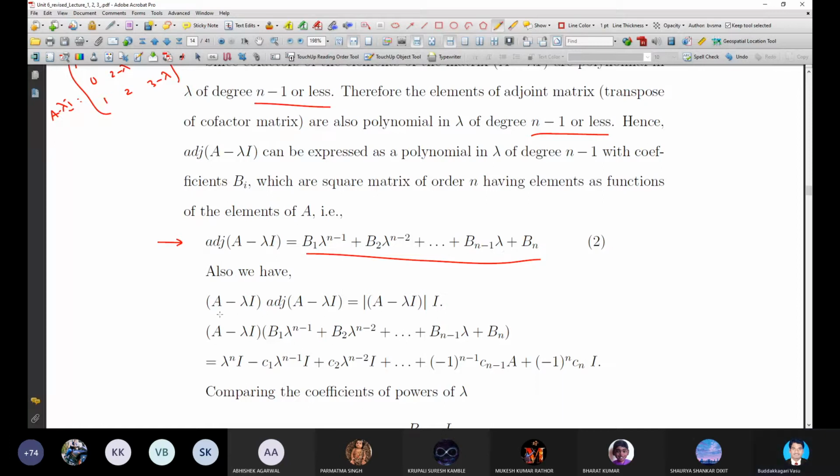You know the inverse of the matrix A, A inverse, we can define as 1 by det A into adjoint A, right? Yes, sir. One by det A into adjoint A.